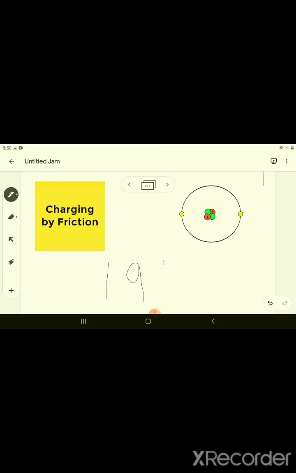Yes, it will have 19 electrons. Plus 19 minus 19 is 0. So we have a net charge of 0. So atoms in and of themselves have no overall charge, and that is because the number of electrons is equal to the number of protons. So when we put them together, the charges will cancel out.